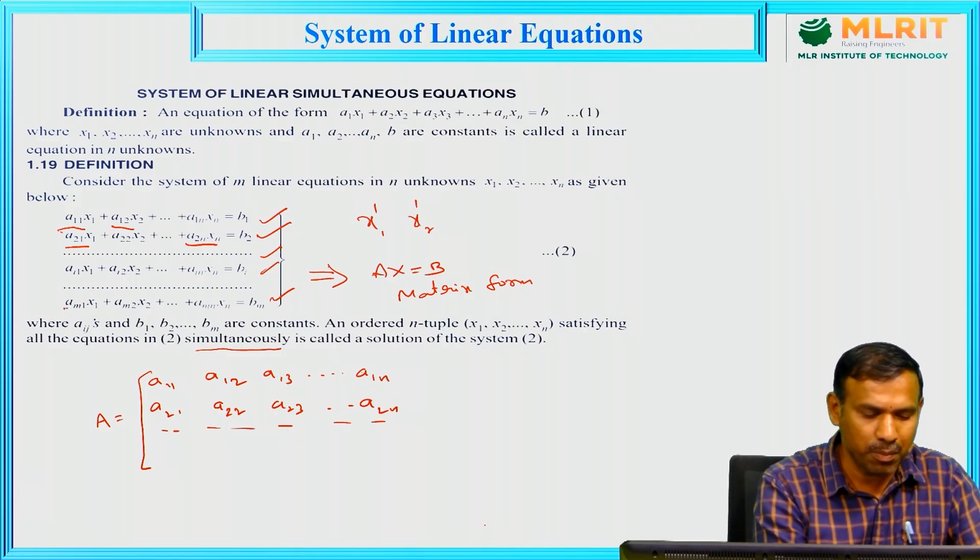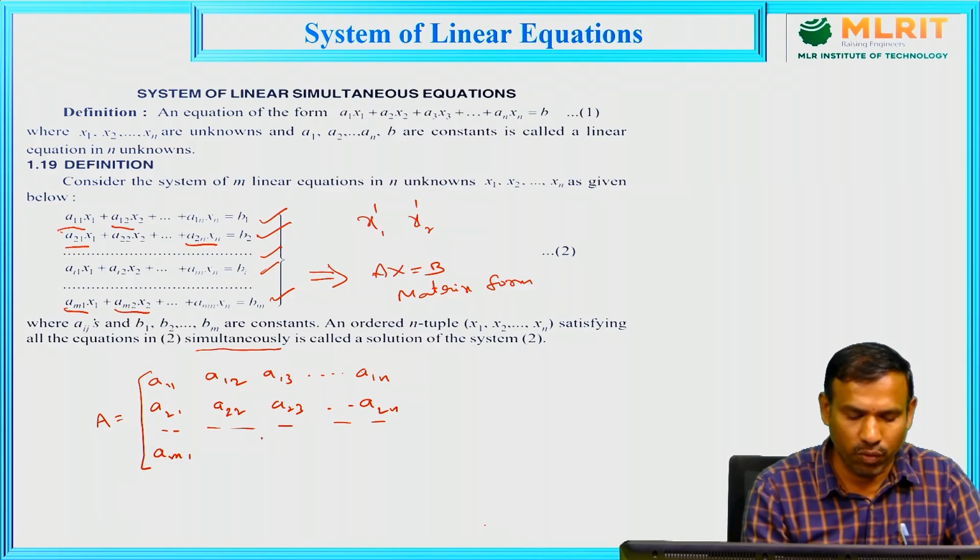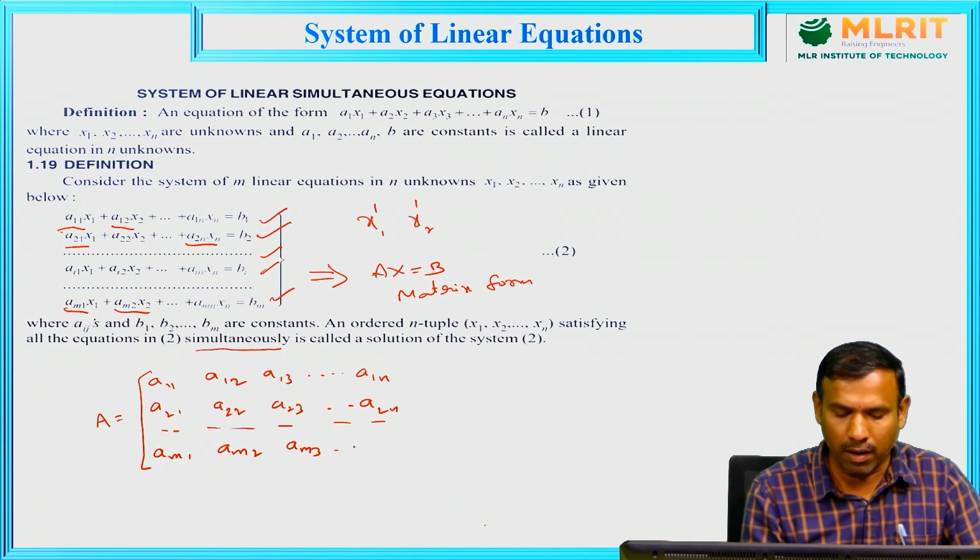The last equation I am taking here has x1 coefficient am1, next x2 coefficient am2, am3, and so on up to amn.